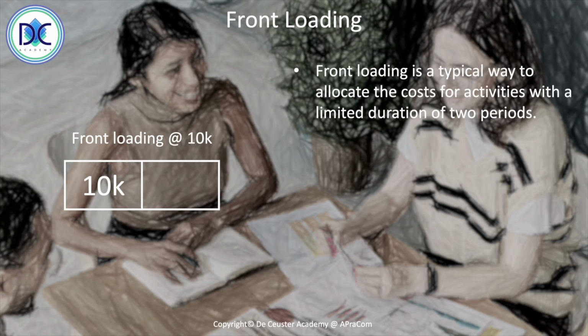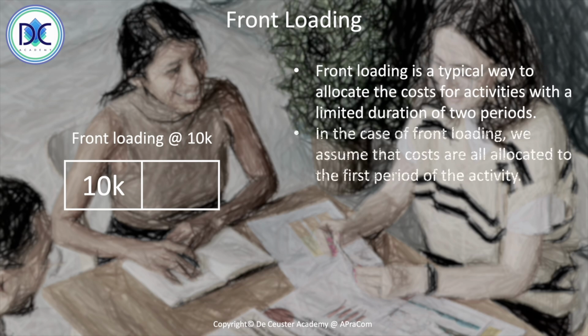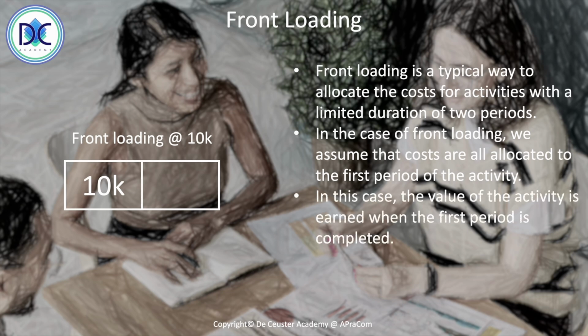And here we assume that the costs are all allocated to the first period of the activity. The value of the activity is earned when the first period is completed or when the work is completed. So when that work has been done, it will be earned and there is nothing to earn anymore in the second period.